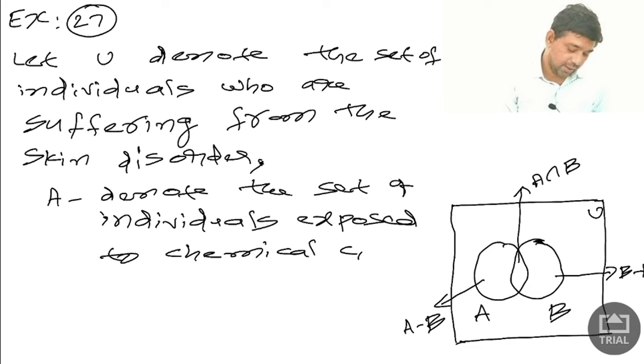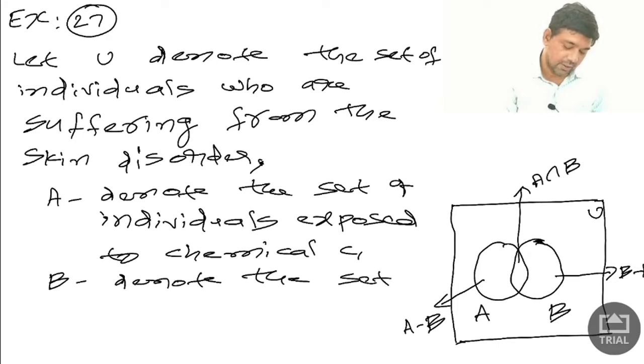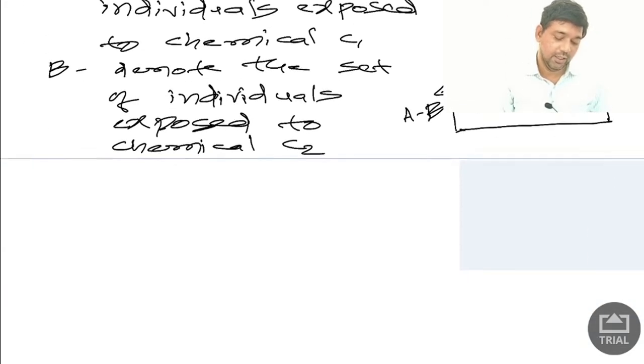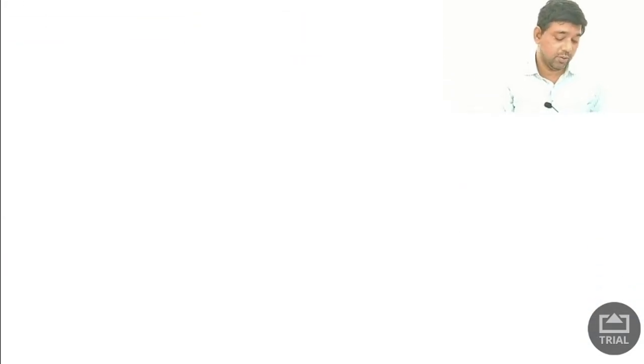And B denotes the set of individuals exposed to chemical C2. Okay, this is the initial thing which we have to write.